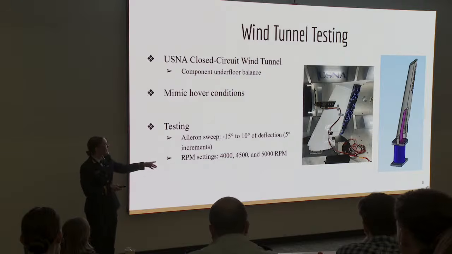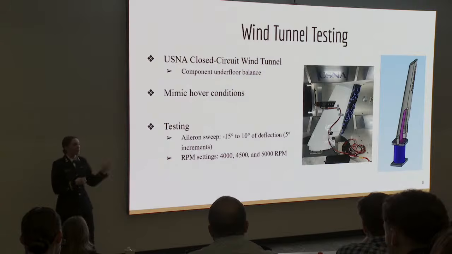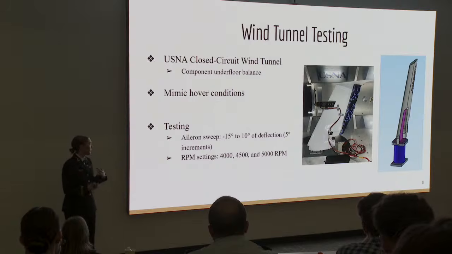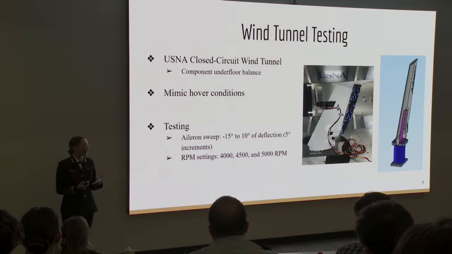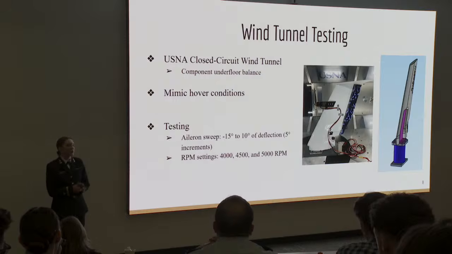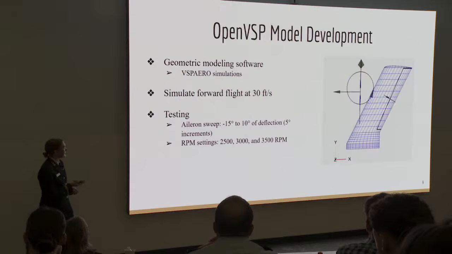As you see, we cut the wingspan in half, and then we manufactured a test mount to interface between the wing and the force balance in the wind tunnel so that we could obtain the measurements for aerodynamic forces and moments. For testing conditions, we tested at 5 different aileron deflection angles over 3 RPM settings. And we did this to mimic hover conditions, which means we didn't actually turn the tunnel on with the free stream. We just turned on the propeller to get the motor response.